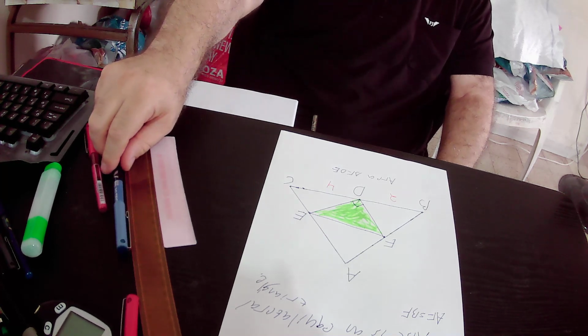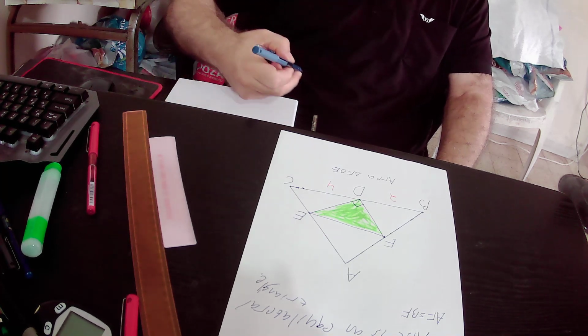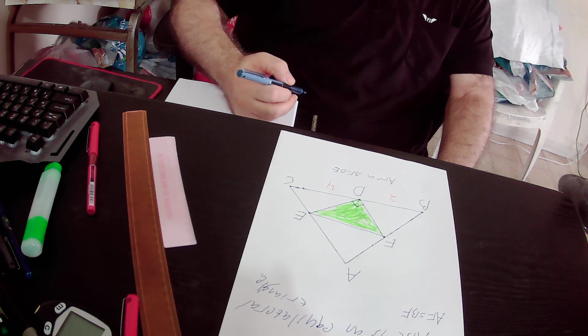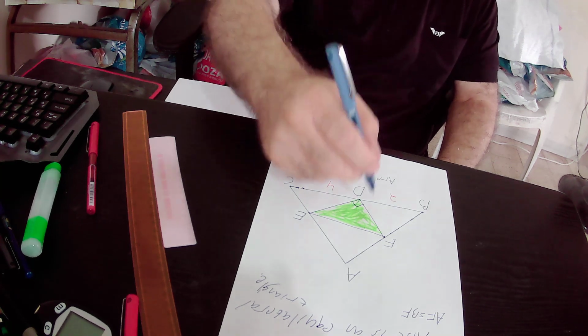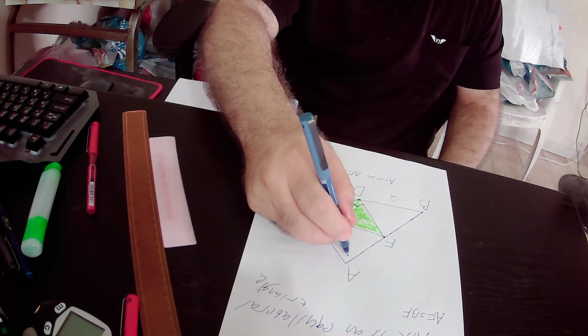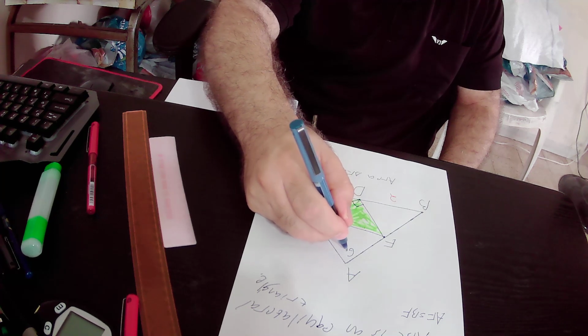As you already know, all the angles in an equilateral triangle equal 60 degrees. So this angle is 60 degrees.